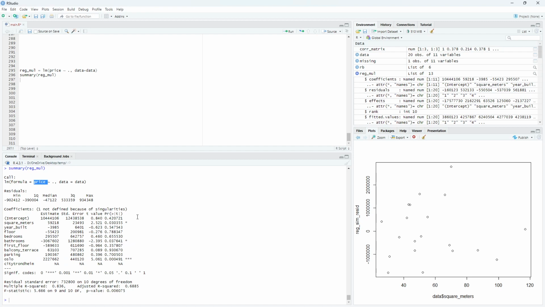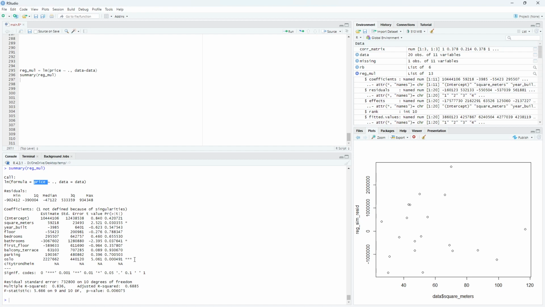And we saw that in the residual plot when we plotted the residuals versus the square meters. We saw that for the first observations of our data, the prices were higher than the model predicted, whereas for the last part of our data, the prices predicted by the model were too high.